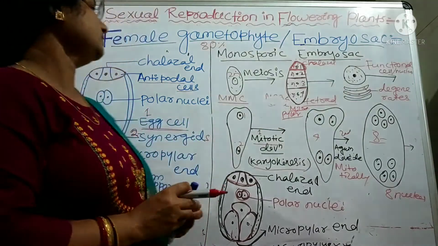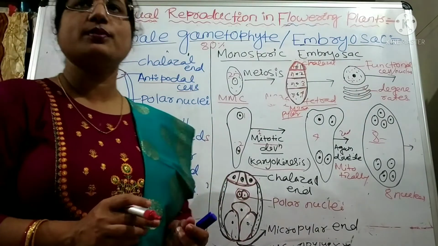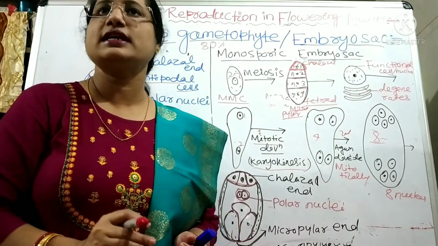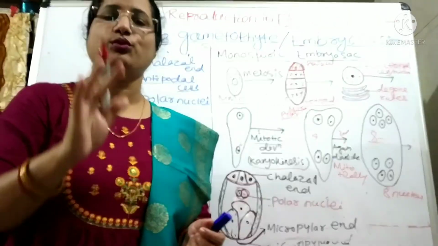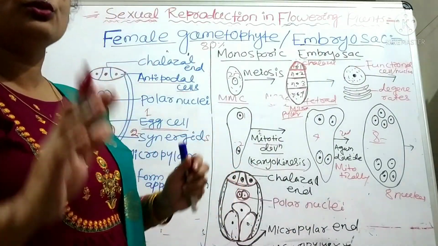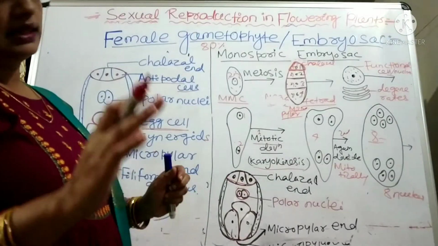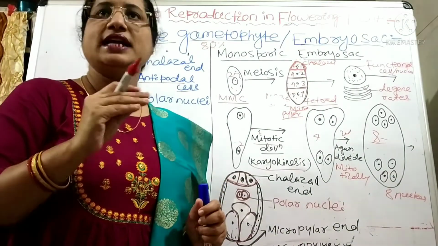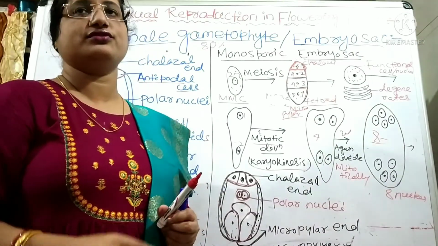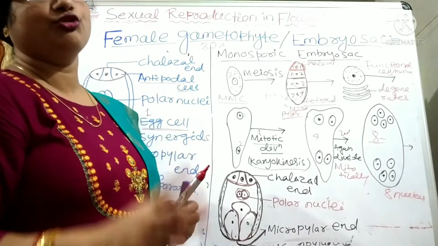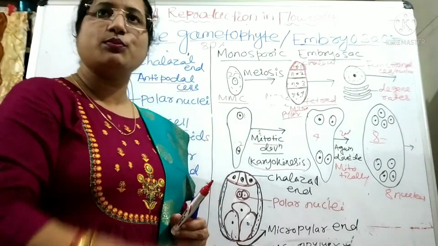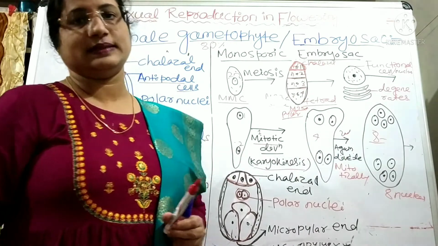Okay, and the formation of the megaspore tetrad from the megaspore mother cell is known as megasporogenesis. Okay, after megasporogenesis, P. Maheshwari states that there are three types of embryo sac or female gametophyte: monosporic, bisporic, and tetrasporic.